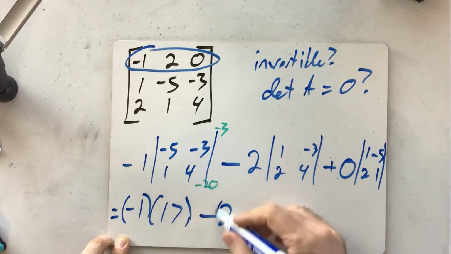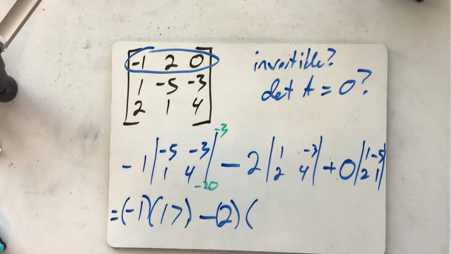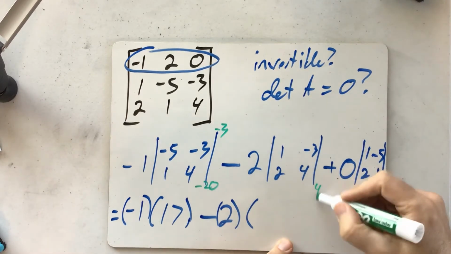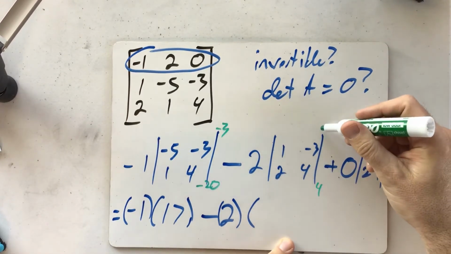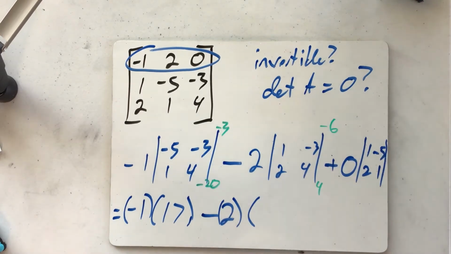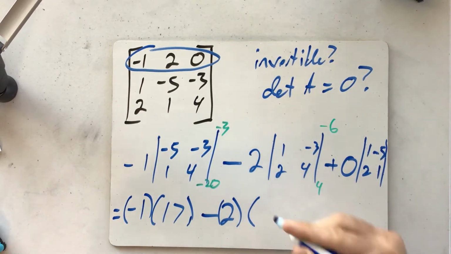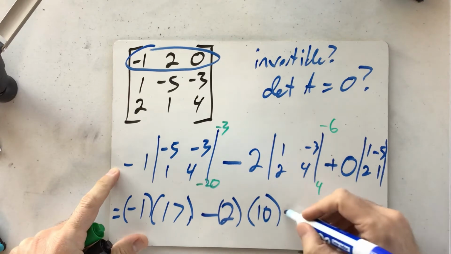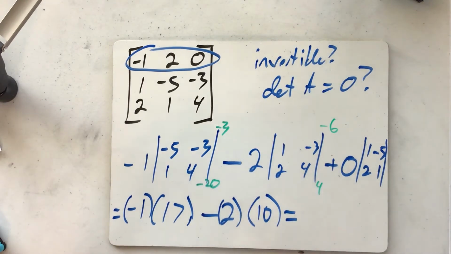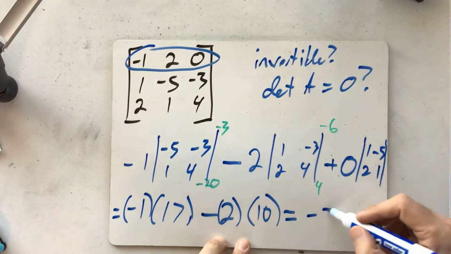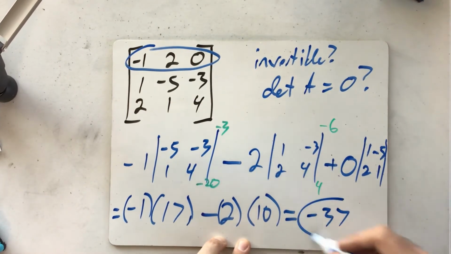Minus 2 times, and now what is this one over here? It is 4 times, and then we've got a -6 here. So it looks like 4 plus 6, so I've got a 10. And so it looks like our result is -17 minus 20, which is -37. It actually doesn't matter what the number is.